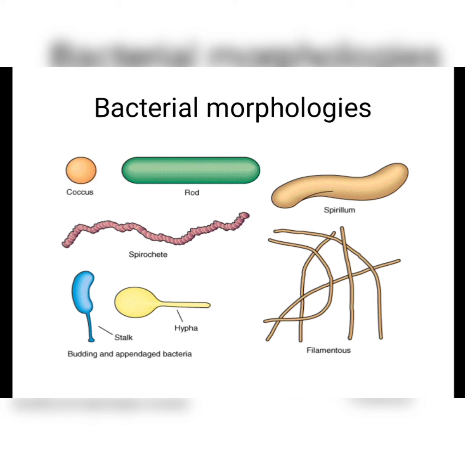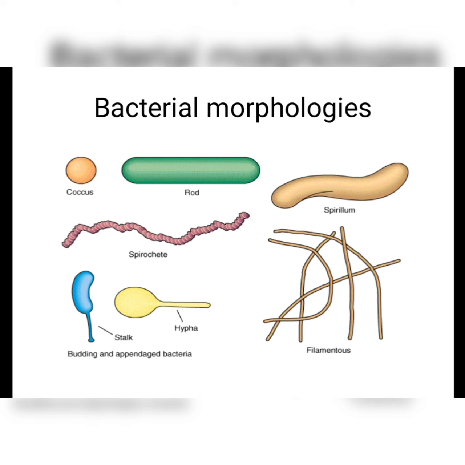So there are some exceptions to the shape. There is a shape called coccobacilli where you find oval-shaped cells, and there are also cells that are arranged like the hyphae or mycelium of the fungi, and these bacteria are simply called filamentous bacteria or actinobacteria.